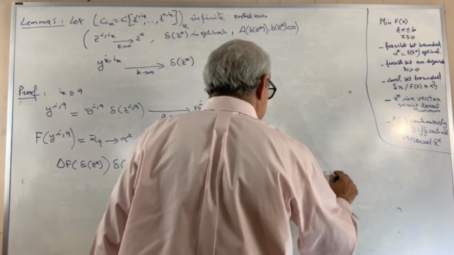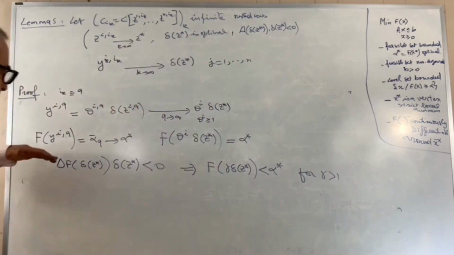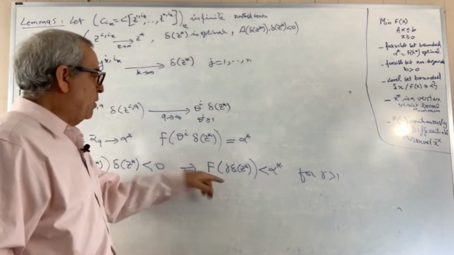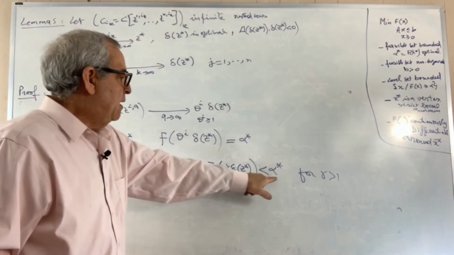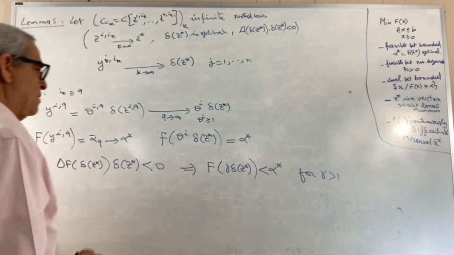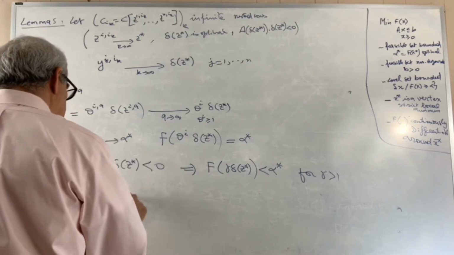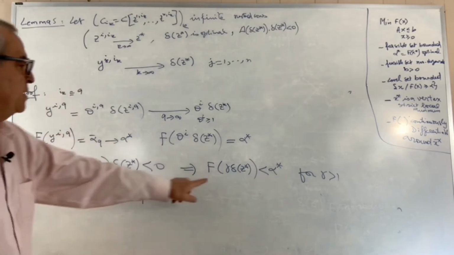So delta z star is a descent direction. Any point beyond delta z star gives us less than alpha star. Therefore, theta i must equal 1.